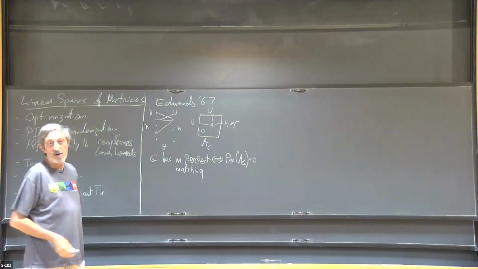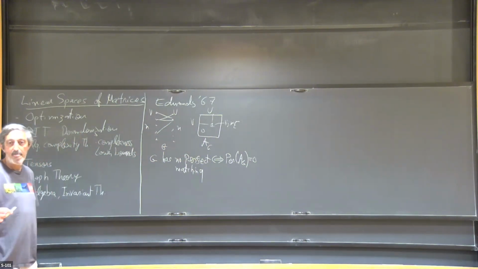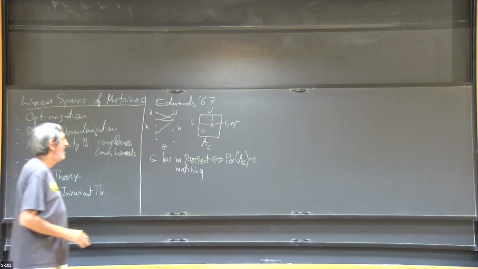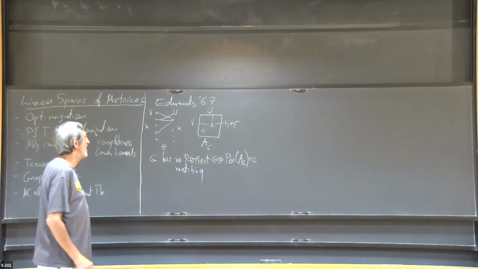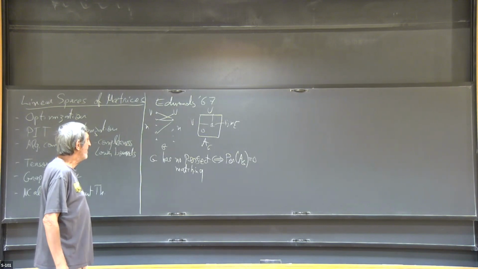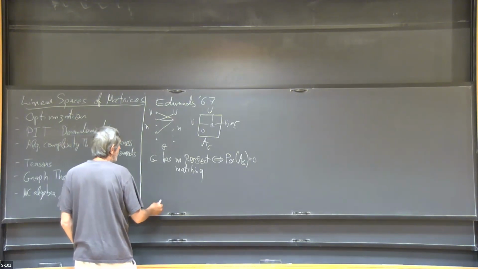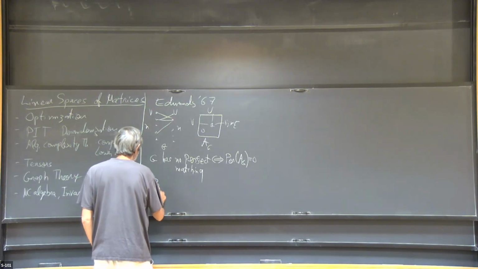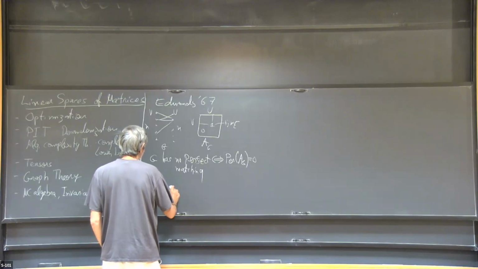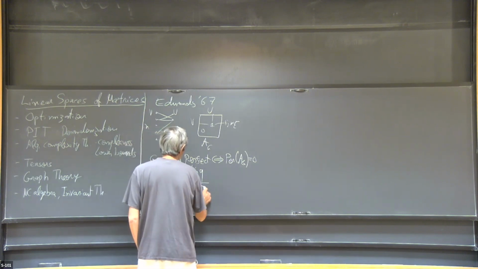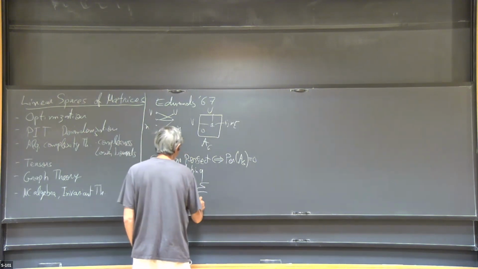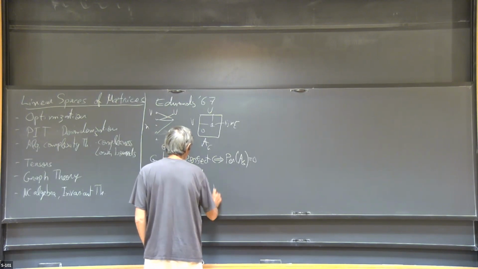Let me write the formula for the permanent, because we will talk about the permanent and determinant soon in more detail. The permanent of an n by n matrix of variables is simply like the determinant without the sign, so the sum over all permutations in Sn of the product of the entries.